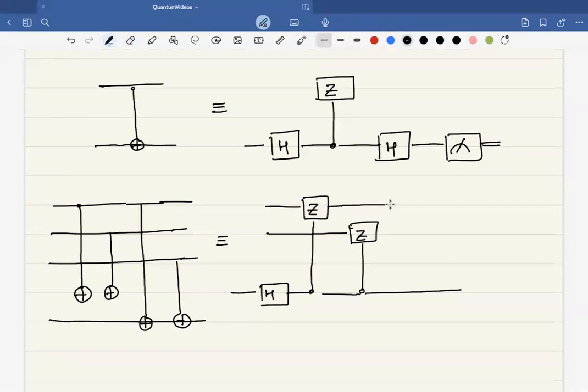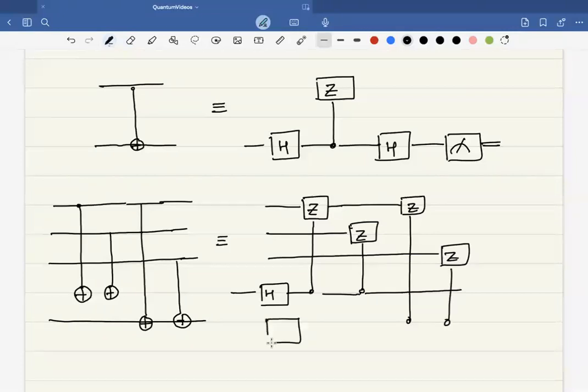So this is the third. So this becomes an equivalent syndrome detection circuit.